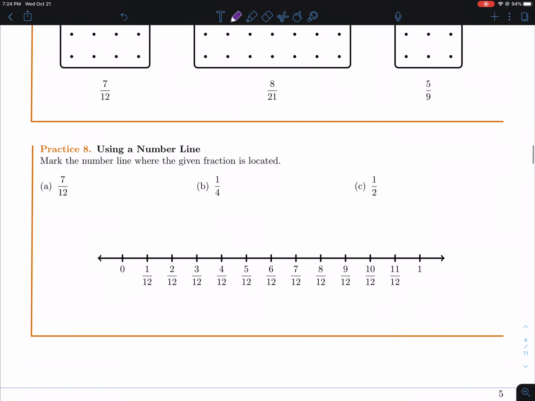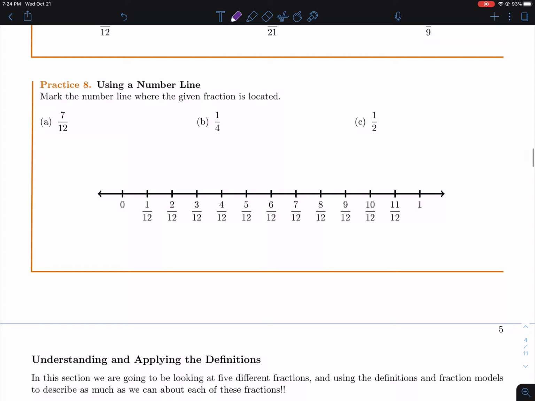And then number line, just a matter of plotting the proper point on the number line and then labeling them A, B, C so we know which ones go with which number. So pause the video at this point, go work on these practice problems, and then when you're done, come on back and we're going to look at how to apply some of these definitions to a bunch of different practice problems.